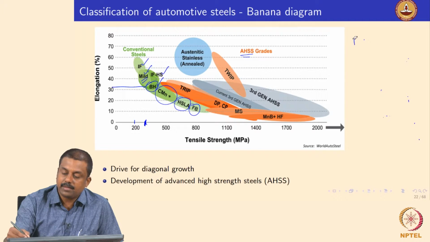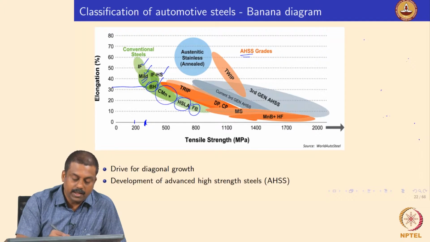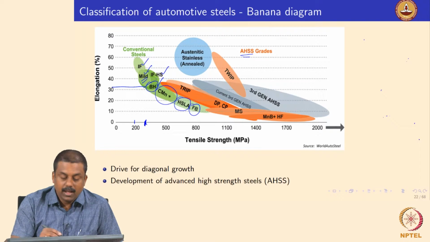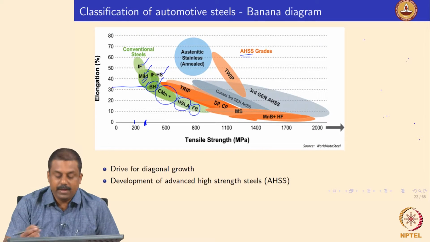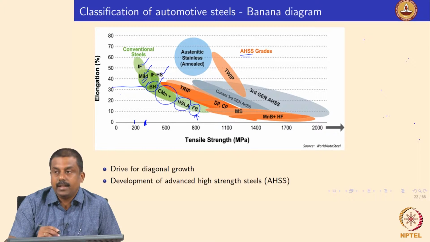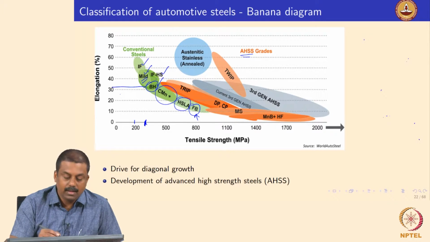And because of these strengthening alloying elements, the strength increases to higher levels than the conventional IF, HS and BH steels. And because of the simple microstructures of ferritic pearlitic or ferritic bainitic, the ductility decreased significantly.